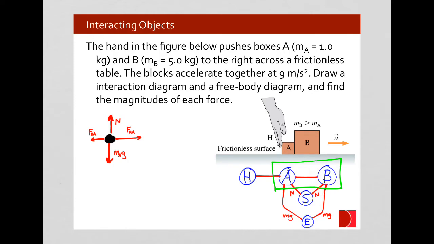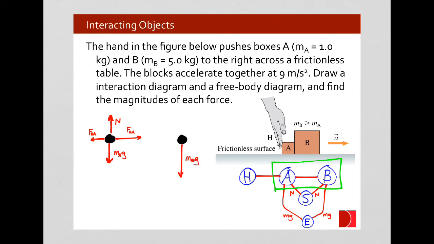When we look at B, there's only three forces acting on B. There's the force from A, and then the normal force and gravitational force. So again, when we're making a free body diagram for B, we draw a dot that represents B. There is a force of gravity of B. We'll make it larger than A, because B is larger than A, and so it would feel a greater gravitational force.